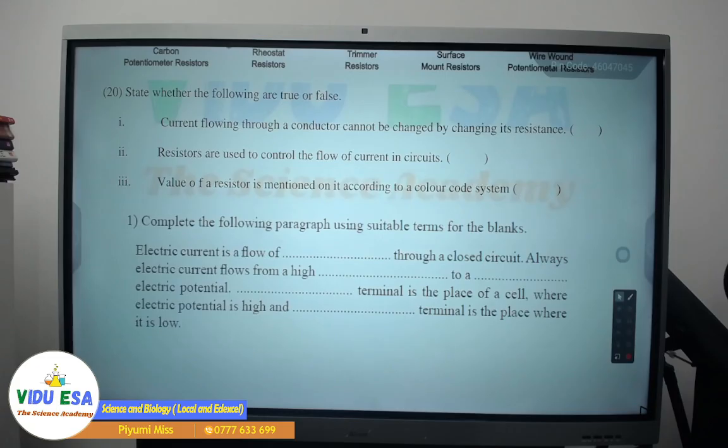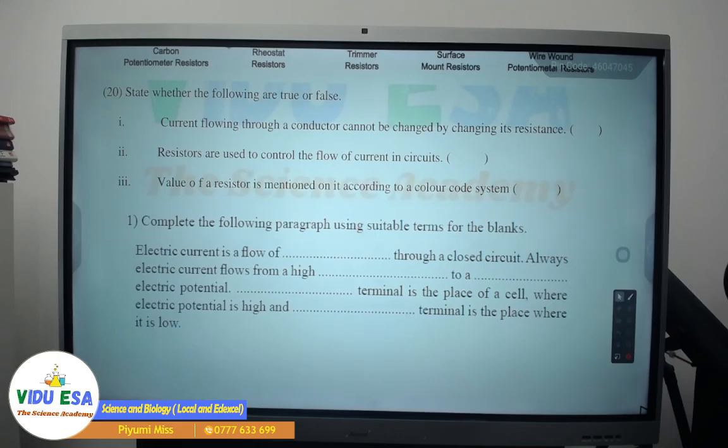Observation and conclusion. Action done. Hammering. Number of pins attracted before action: more pins. Number of pins attracted after action: less number of pins. Heating.